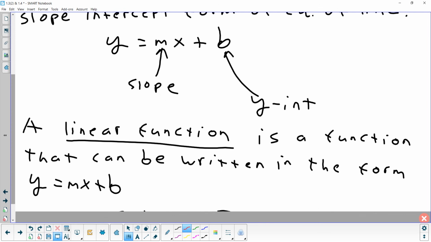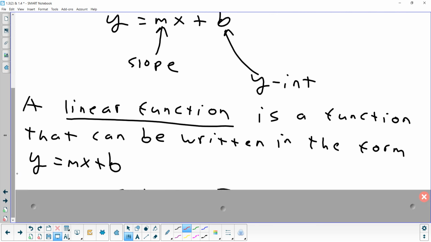Most of the time we write linear functions in the form y equals mx plus b. It's not the only way, but it's a way that we use quite a bit. In this type of formula, the m and the b could be positives, negatives, fractions, decimals.